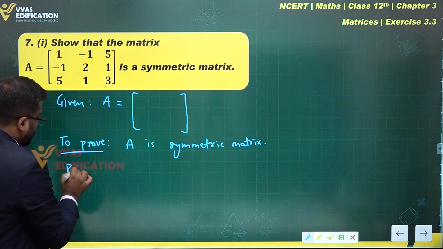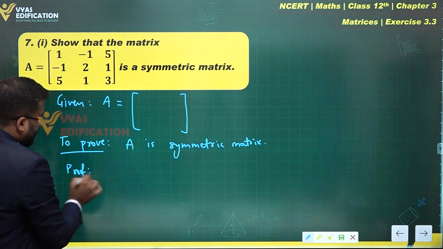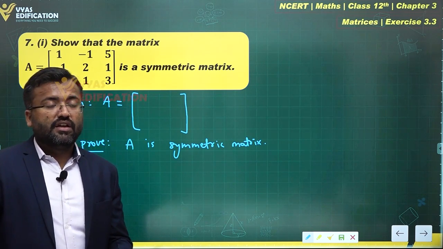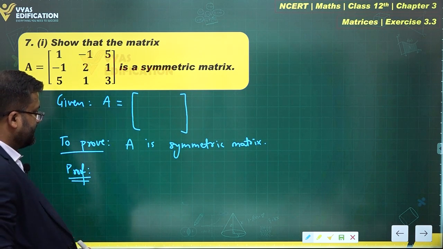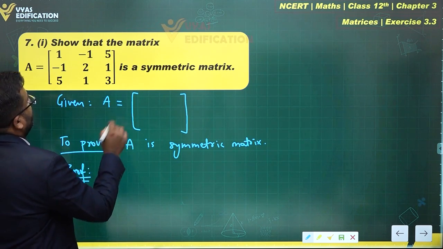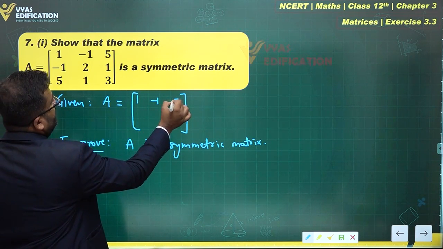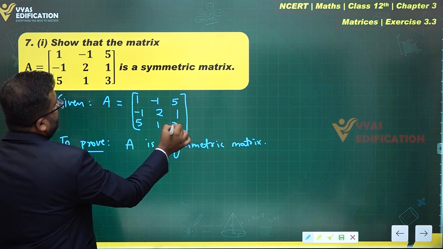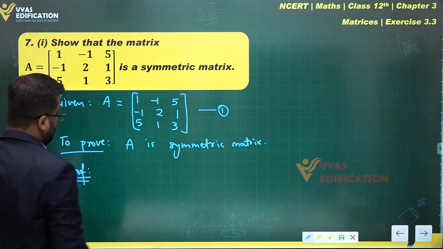What does the proof look like? For finding the proof, it is sufficient to prove that A transpose is equal to A, right? That's the definition of a symmetric matrix. So given A, let me write: 1, minus 1, 5; minus 1, 2, 1; 5, 1, 3. Okay, this is statement 1.